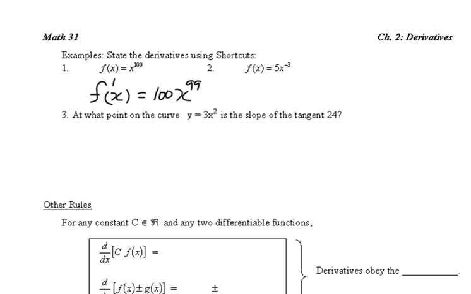How many had that answer for number 1? Good job. Okay, number 2. You can do it in 2 steps if you want. You can write the 5, and then in the bracket write what the derivative of x to the -3 is.